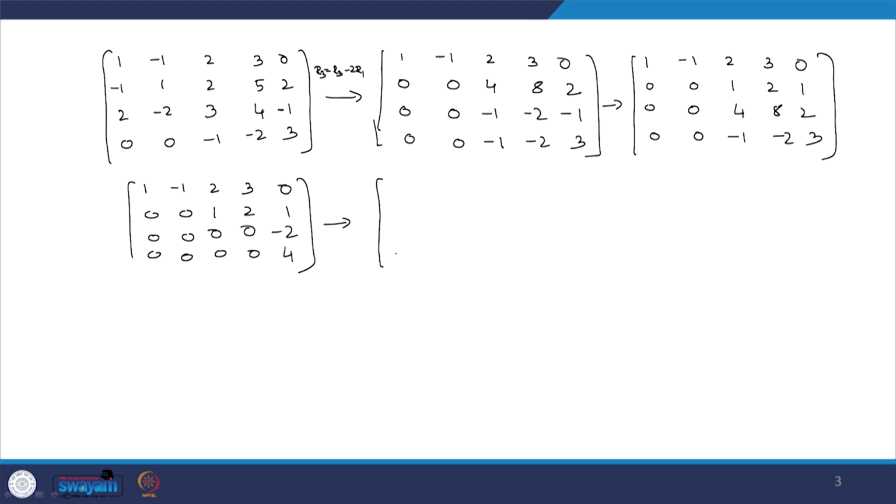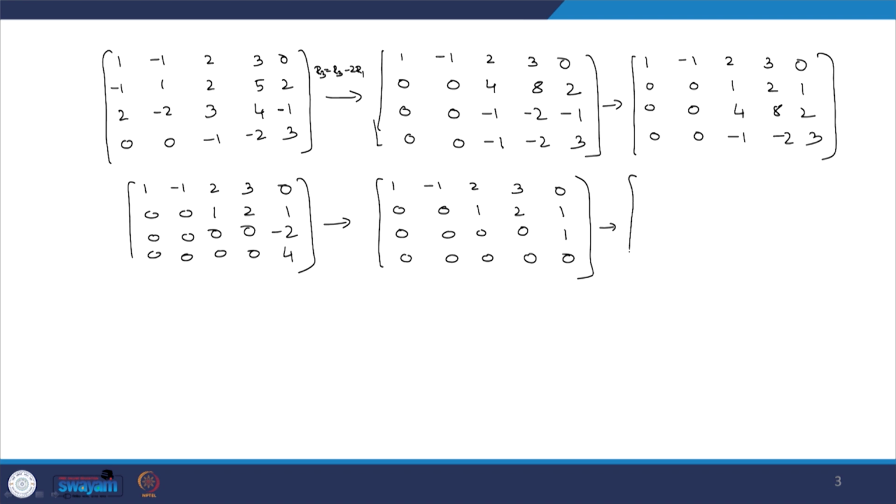One more step: 1, minus 1, 2, 3, 0; 0, 0, 1, 2, 1; and 0, 0, 0, 0, 0. Though it is not yet a row reduced equivalent form, to make it one I have to do one more step.